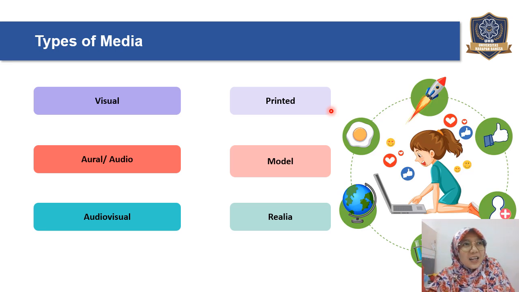So we use the benefit of visual. Of course, visual because the name is visual. We use the benefit of our eye sense to get the information. And visual media, there are two types of visual media. The first is projected media, and the second is non-projected media. The projected media, it means the digital visual, the digital image that we can see from the screen.